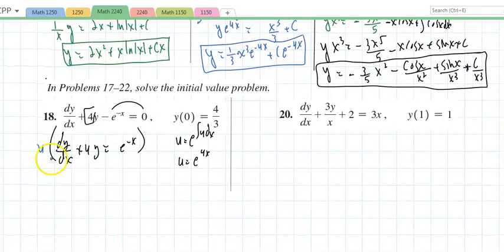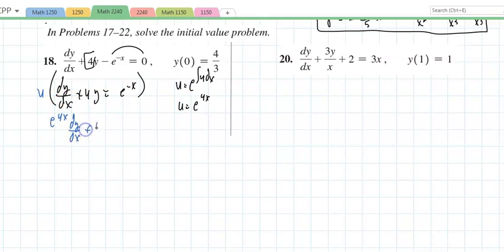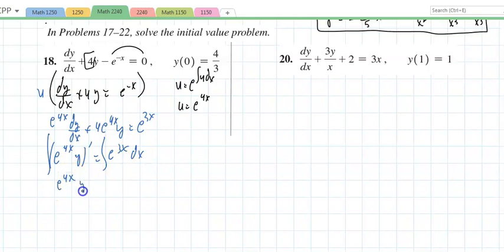That would be e to the 4x dy/dx plus 4e to the 4x times y equaling e to the 3x. This is e to the 4x times y prime equal e to the 3x. Integrate, that would mean e to the 4x times y equal e to the 3x over 3 plus c, or y equals e to the negative x over 3 plus c e to the negative 4x.